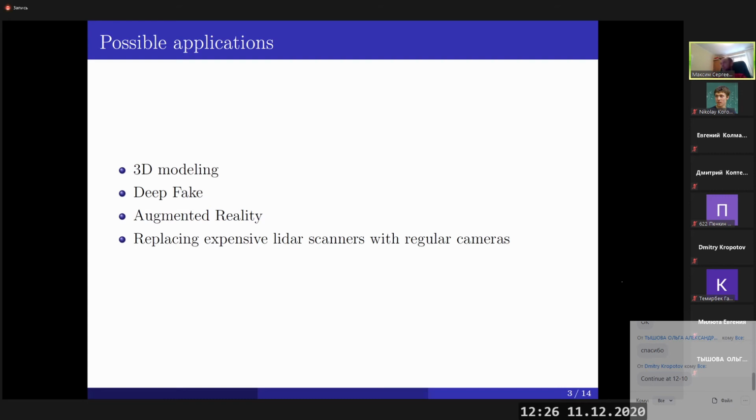The next area where we can use such algorithms is deepfake technologies. The next big area is augmented reality.